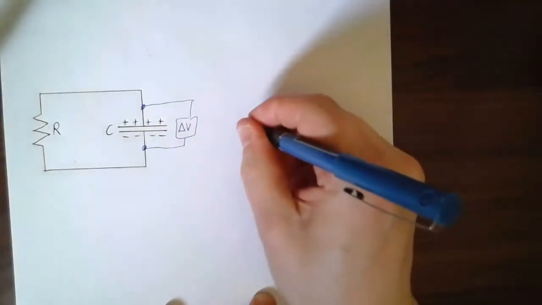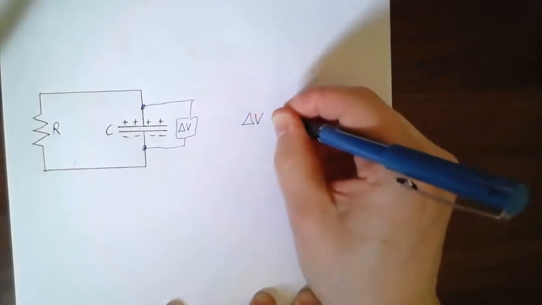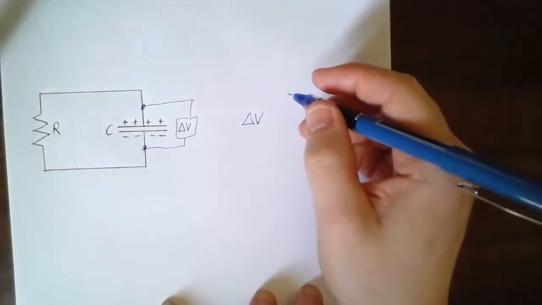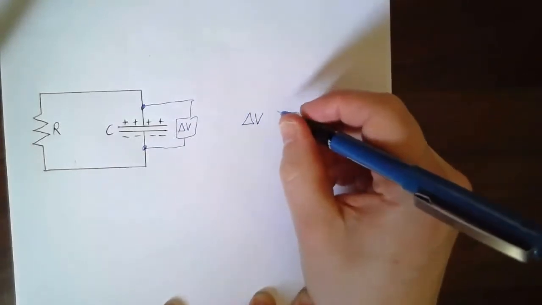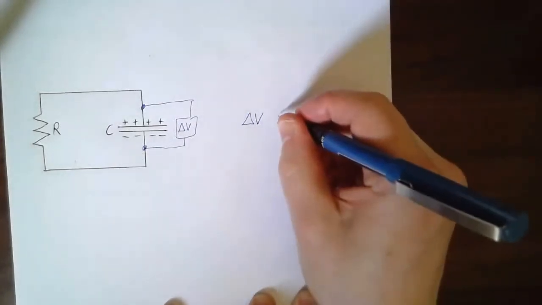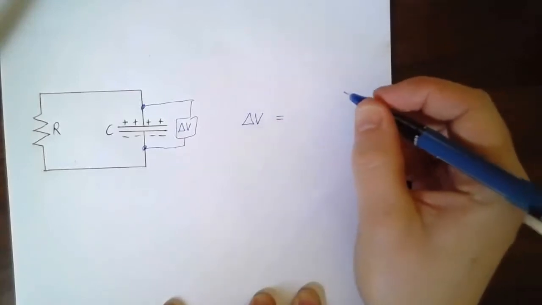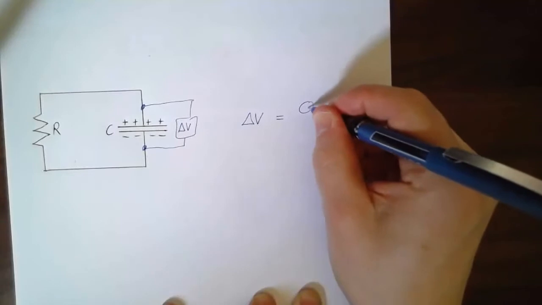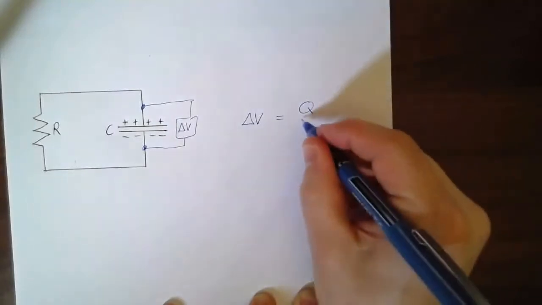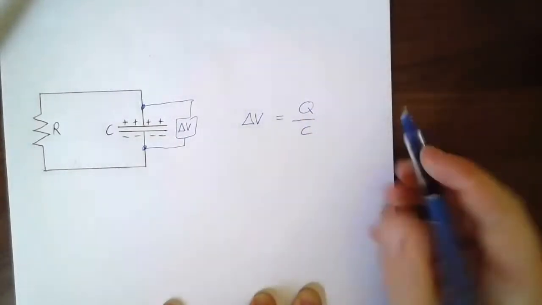That delta V relates to the charge via the capacitance. Namely, capacitance was defined as charge held per potential difference. So that means it's going to be the charge Q divided by C, the capacitance.